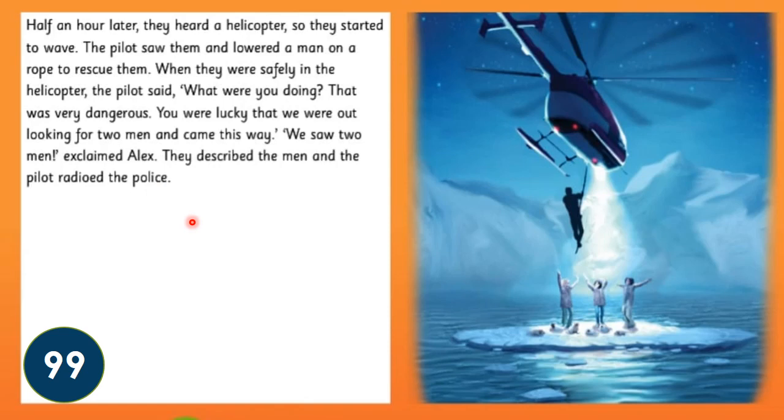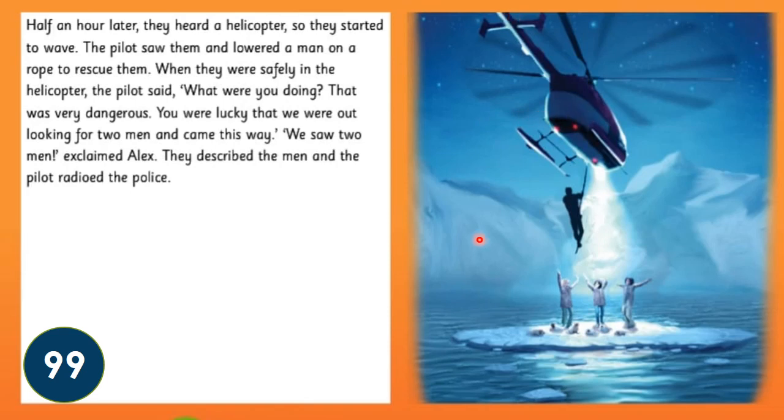Okay, so as you see in this picture, the kids and the six seal pups stayed on the ice floe while the ice floe is flowing in the water, and they couldn't get off the ice floe. They couldn't swim because the water was so cold, so they were just waiting for help, and they got the help.